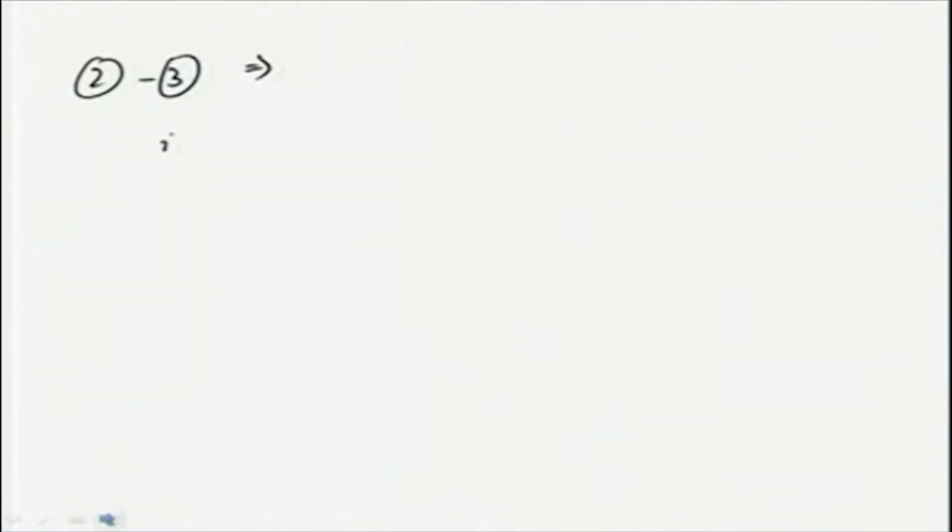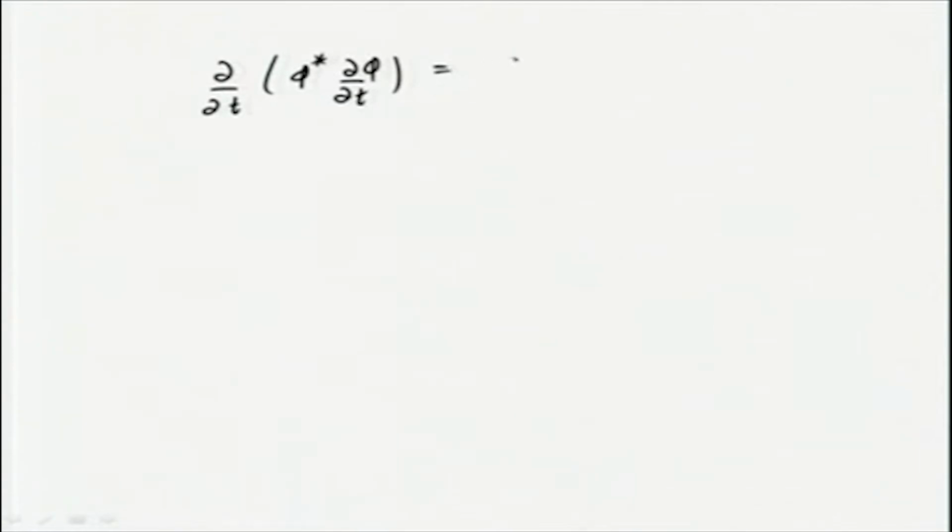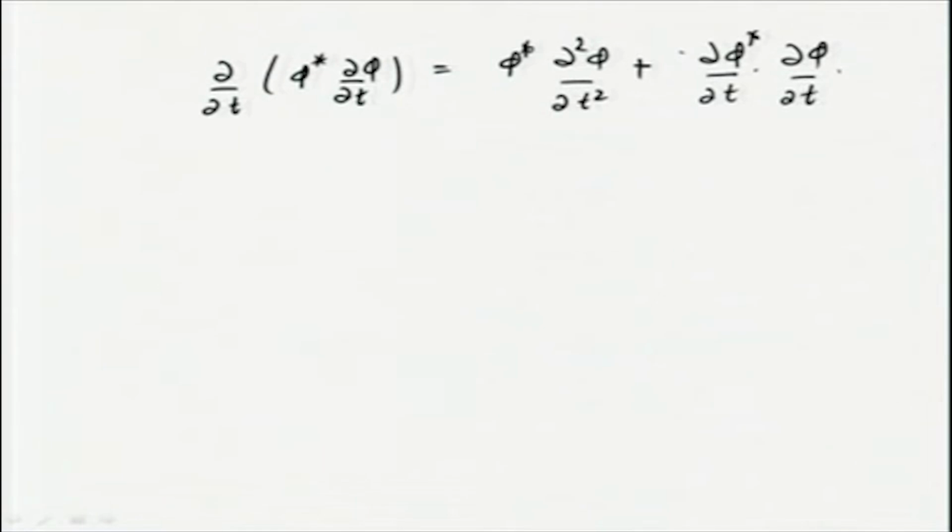Now, if I take the time derivative acting on phi star ∂phi/∂t, that will give me phi star ∂²phi/∂t² plus ∂phi star/∂t ∂phi/∂t. Similarly, for the other term, phi ∂phi star/∂t, we can write it in the same fashion.